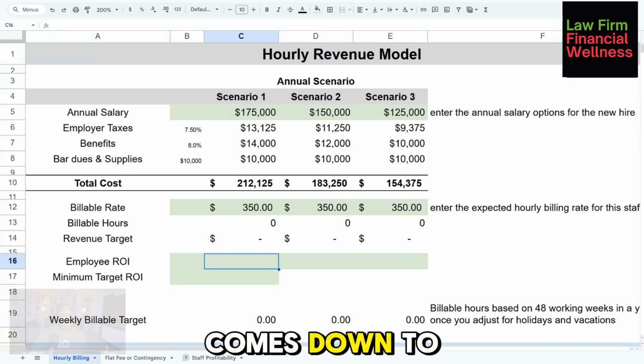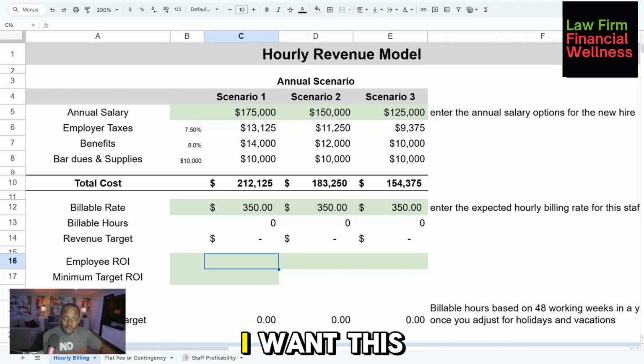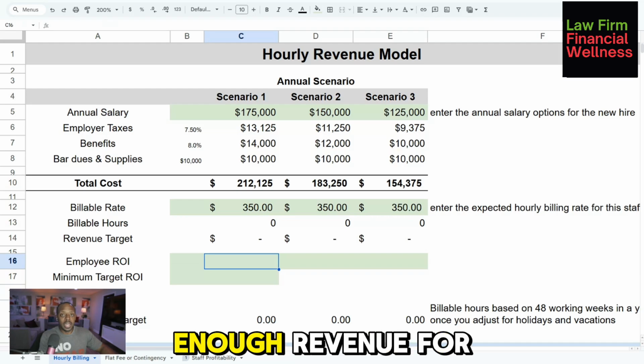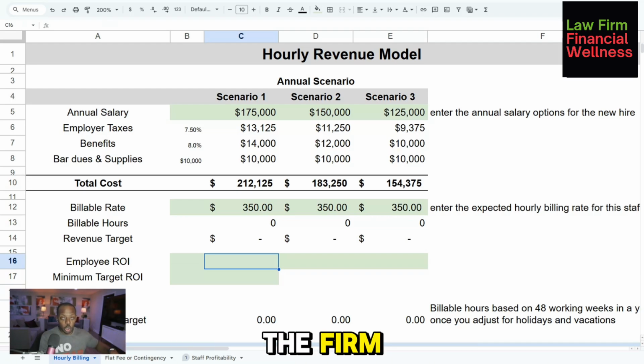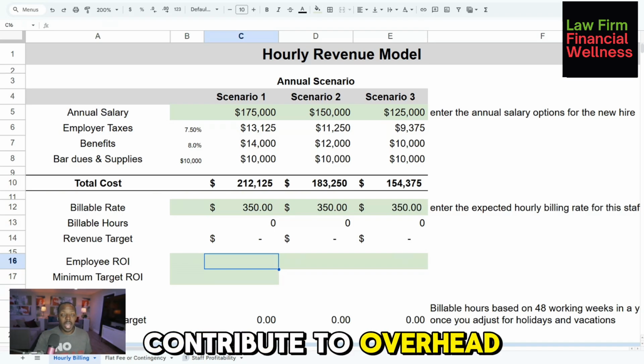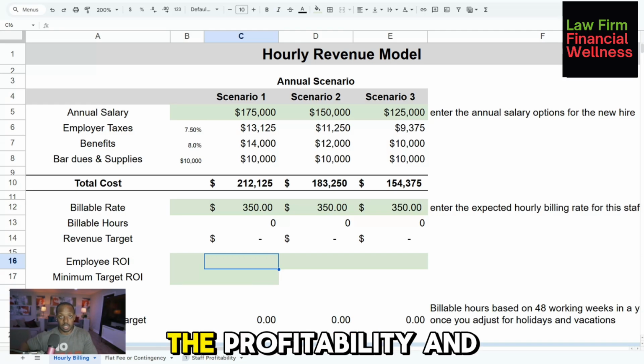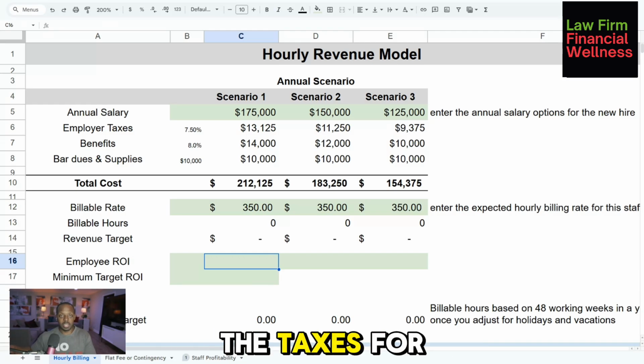The way you want to think about this is, I want this person to produce enough revenue for the firm so that they're able to cover their costs, and they're also able to contribute to overhead, and to covering all the profitability and the taxes for the firm.